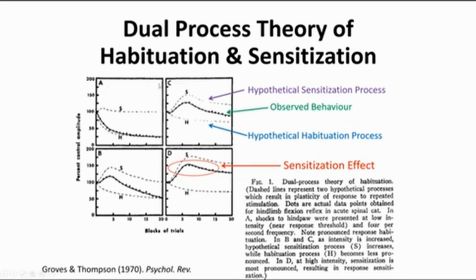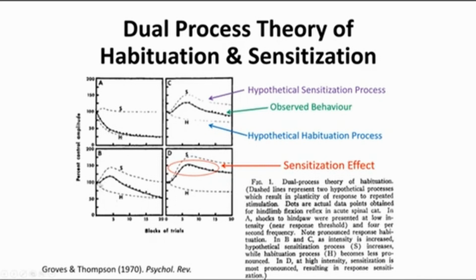So A through B through C through D would be an increase in intensity. And the cool part here to notice is that our habituation process between B, C, and D is actually pretty much identical. And so this is telling us that at a certain point, the habituation process is always going to be about the same amount.